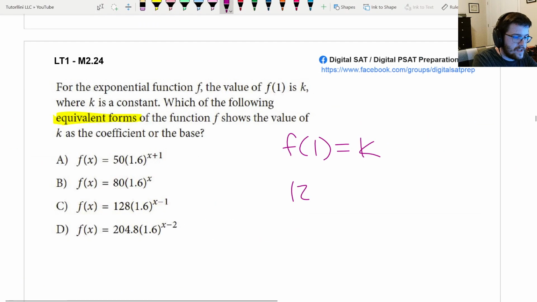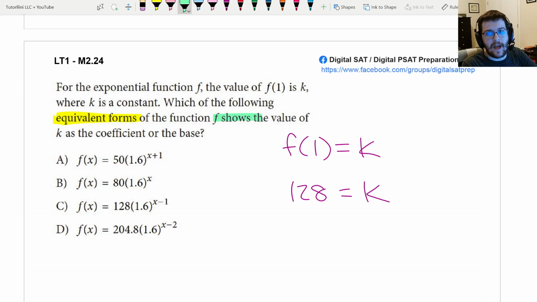So k is 128. And it says, which of the following shows k? So all you do is you look at all these equations, see which one has a 128. Okay, C's got a 128. That's it. That's the whole question. So many people see this and they're like, what is this asking me?